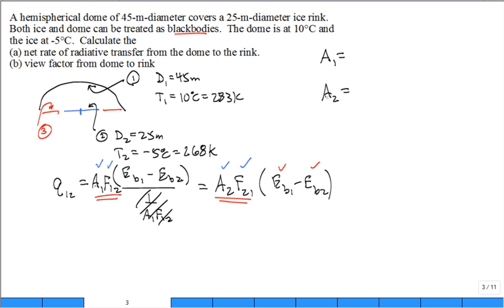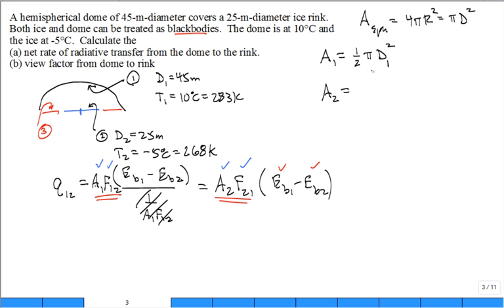What exactly is the area of half of a dome, half of a sphere, that hemisphere? You remember the area of the whole sphere is 4 pi r squared, which is pi d squared. So what's the area of half of it? 1/2 pi d squared, where this is d1, the diameter of the hemisphere. All right.